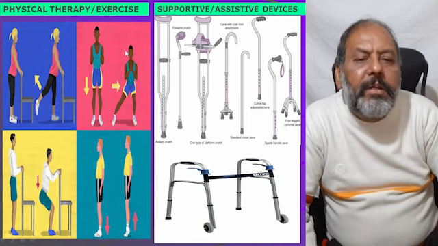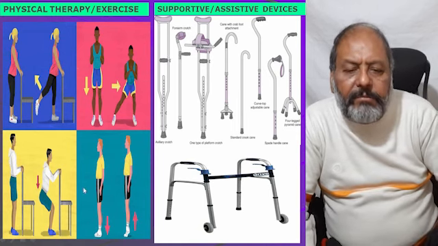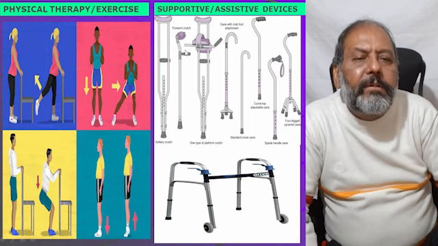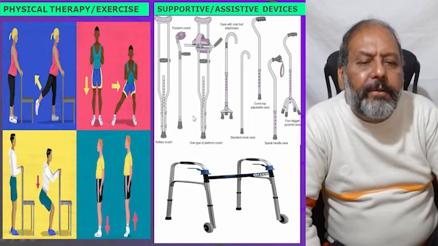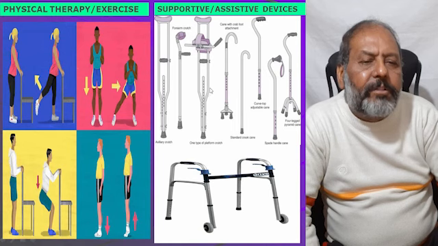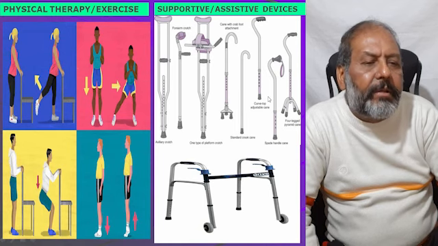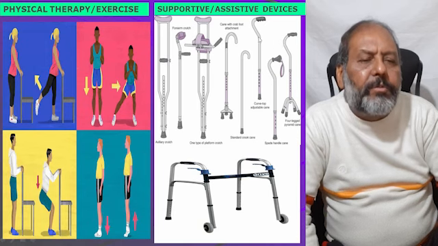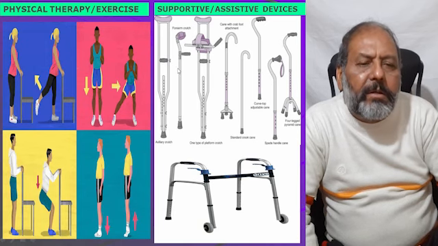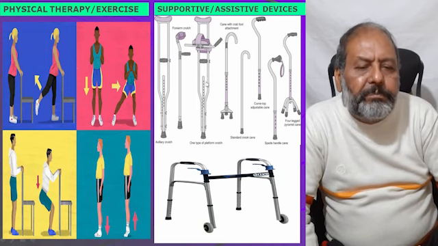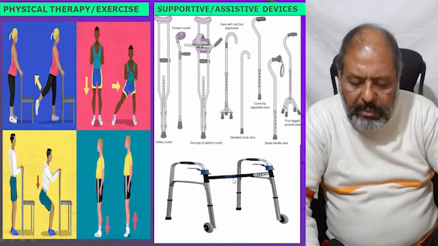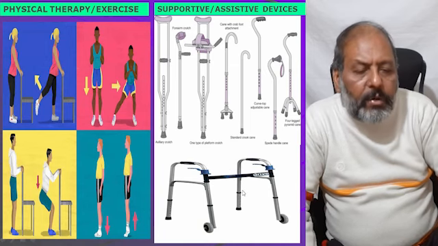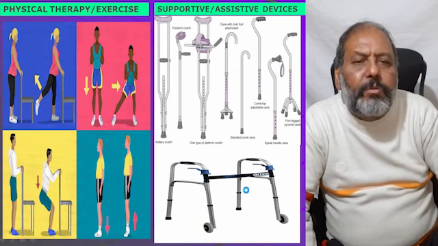Then supportive or assistive devices: these are the different kinds of canes, crutches, and sticks which are useful for different people according to their need. And one can also use the walker to walk with assistance.